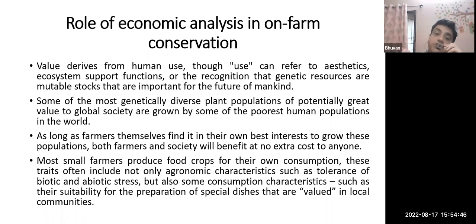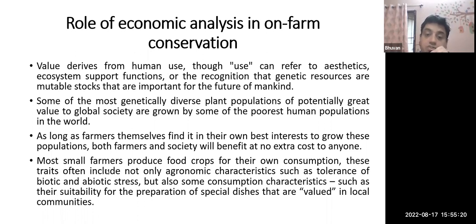But on the flip side, in traditional agriculture, the small land holdings and poorest farmers are playing a major role in conservation of agrobiodiversity, because they are using them for their future use. They are potentially saving them for their own benefit. That is why they play a major role in this conservation.